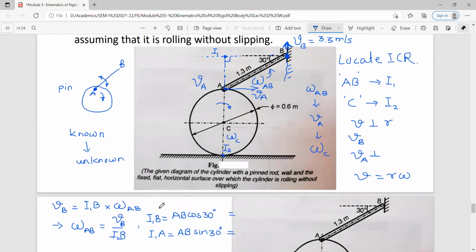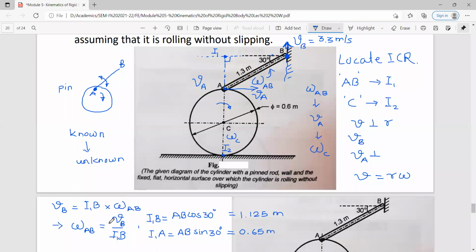Sir, I1B is 1.125 meter. And I1A is 0.65 meter. Okay.